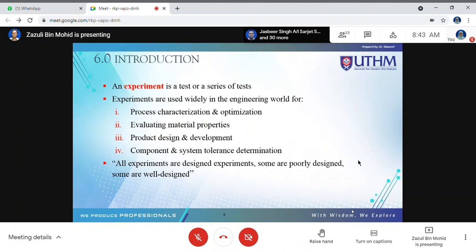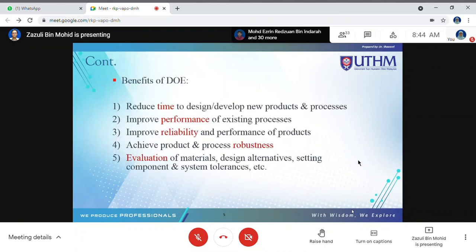That's why we have to do DOE, design of experiment, so that we will not waste our time, waste our energy, or conduct meaningless activities. So these are the benefits of DOE. First, we can reduce the time to design and develop new products and processes.